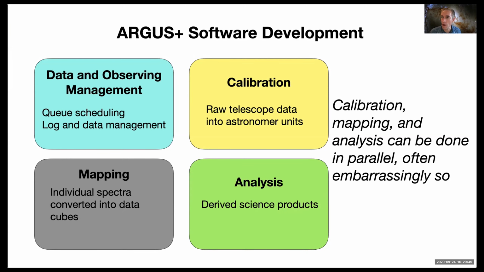I would say for Argus 144, a challenge that we should discuss in the afternoon session is how to push towards being able to essentially get cubes as close to instantaneously as possible, so we can understand how the observing is progressing and be able to modify on the fly.